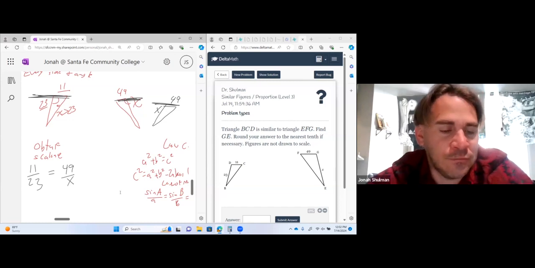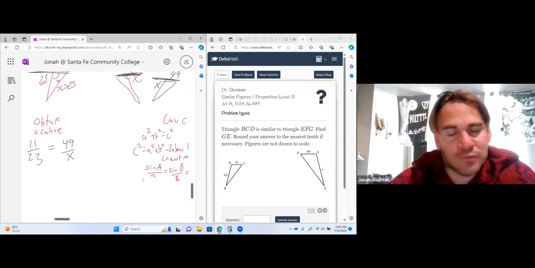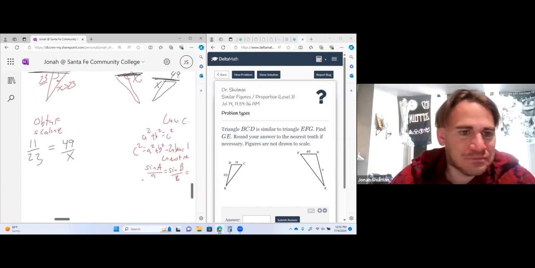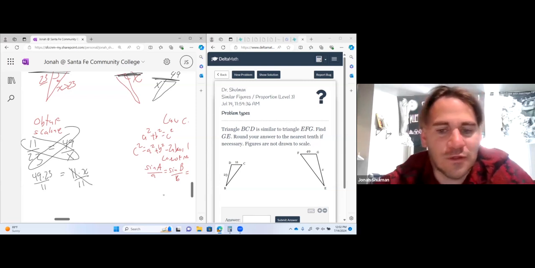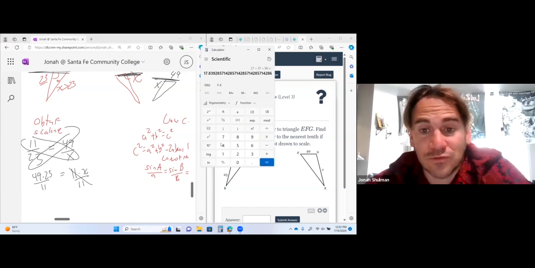Ta-da! That's why you can do it with this little drawing the lines in. So this is 11 times x. This is 49 times 23, and then we divide by 11. And we are done.